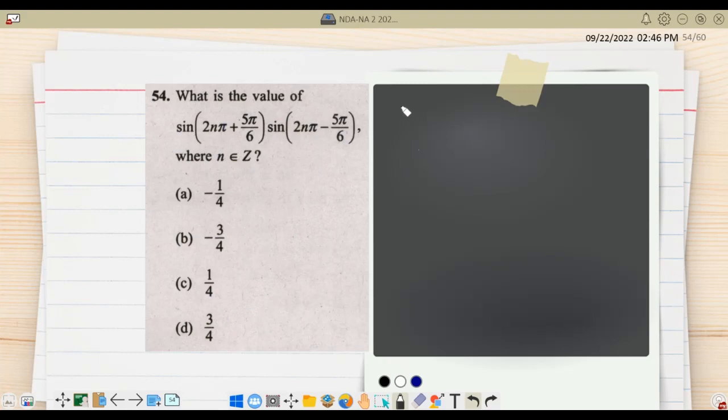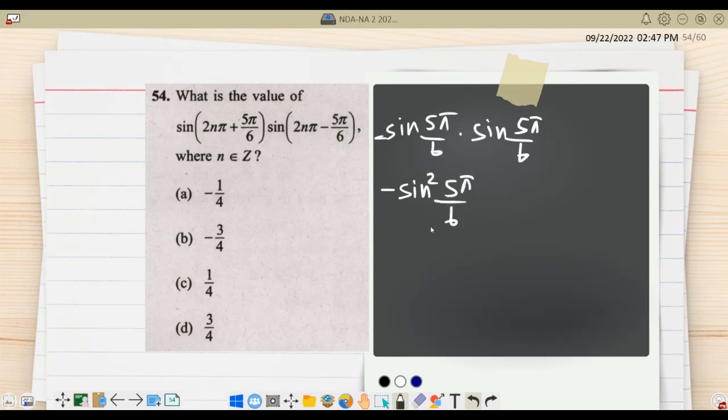So 54, what is the value of? There are two sine functions in multiplication. Right. So since it is 2 pi and 2 pi, we can straightly write sine 5 pi by 6 into sine 5 pi by 6. But this is going to be negative, so I'm going to put a negative. So negative sine square 5 pi by 6.